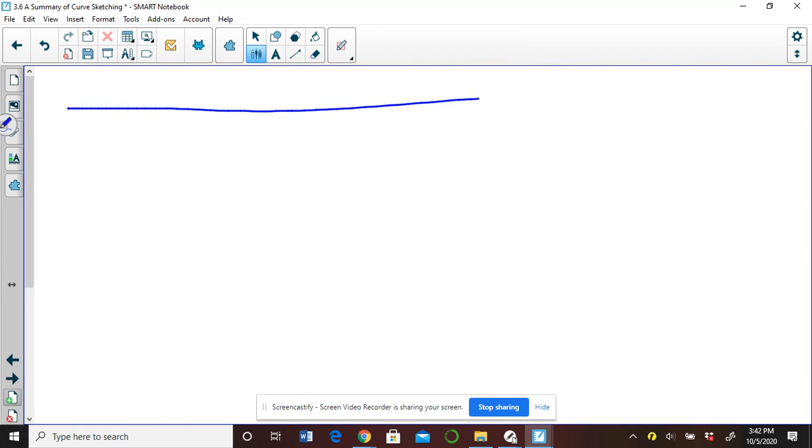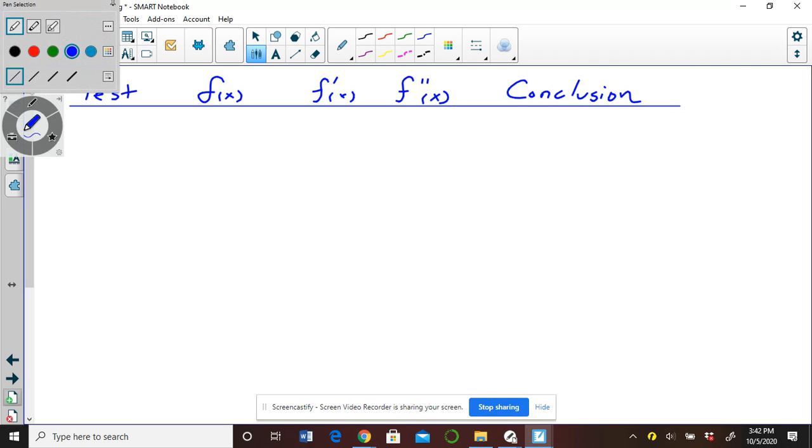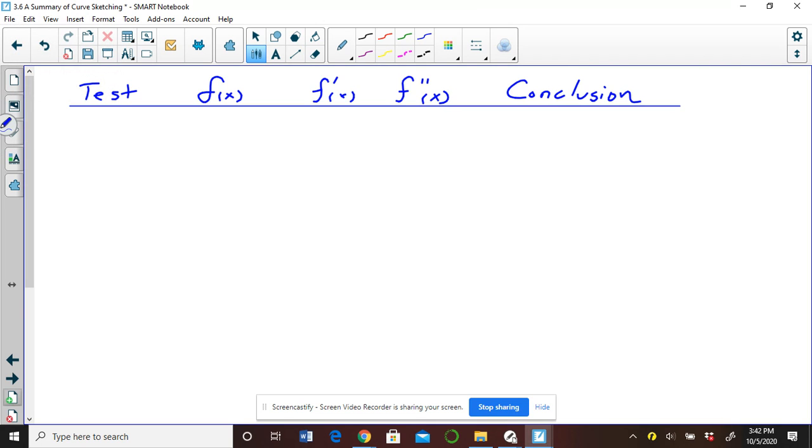So we have our table. And again, we'll have the values we want to test. We'll have our f of x if it applies, f prime of x, f double prime of x, and then our conclusion. And then our intervals will be negative infinity to 0.